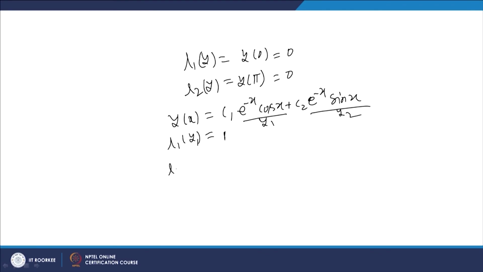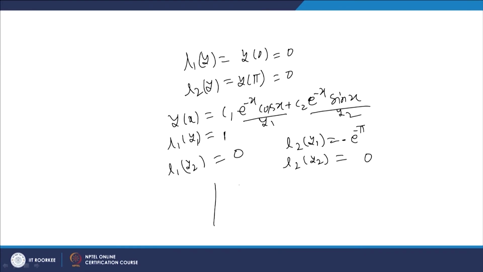Now, L1 of y2: define this at 0, so this is going to be 0. Then L2 y1 means this defined at pi. So, it is e to power minus pi, cos of pi is minus 1, so it is minus e to power minus pi. L2 of y2 is going to be again 0.